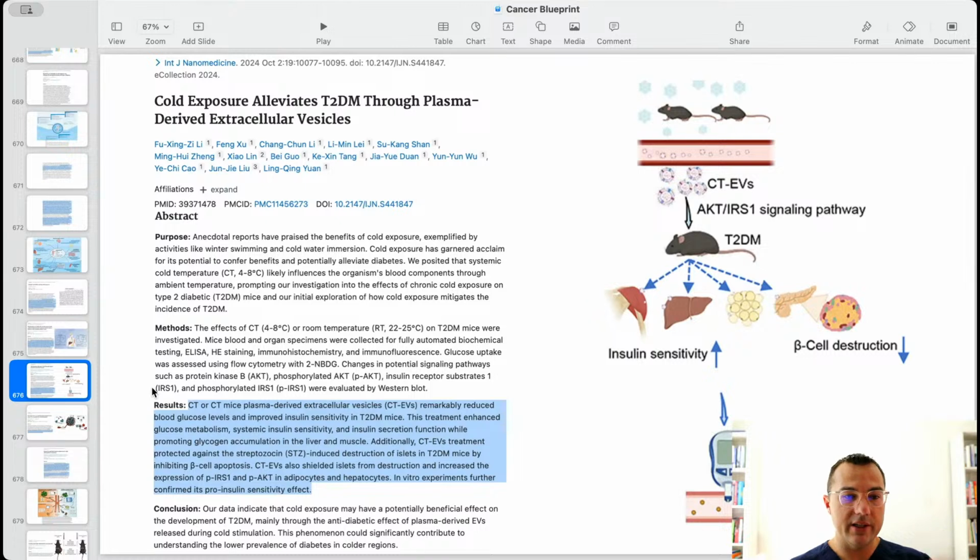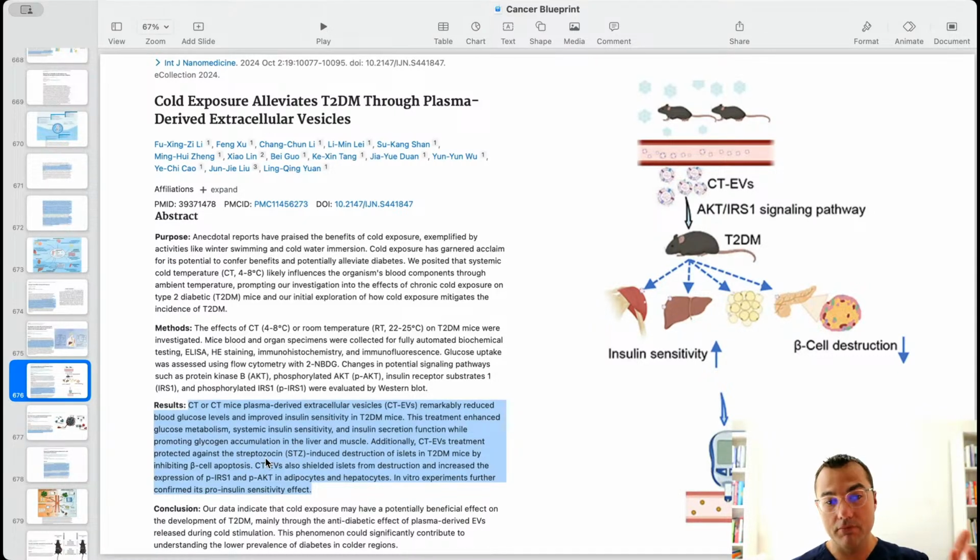Additionally, these cold thermogenesis induced extracellular vesicles protected against, basically, they had non-diabetic mice that were given a medication that can induce destruction of the pancreas, which causes diabetes, right? They can actually induce diabetes in these mice. So they had another group of mice that were not diabetic, but they were trying to make them diabetic using a very standard lab procedure.